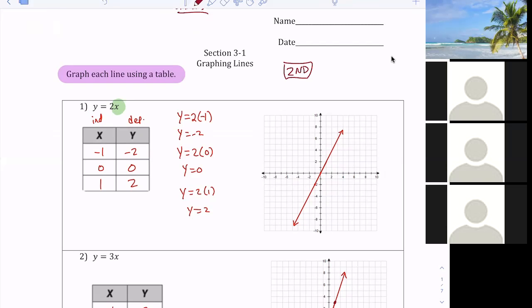The table is right above the graph. So you have to hit second and then hit graph, and then the table comes up.